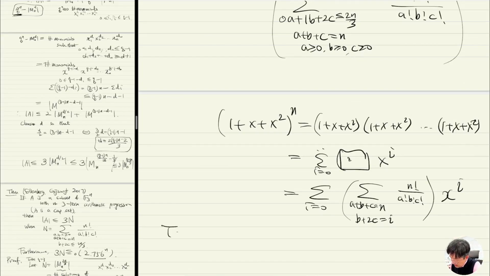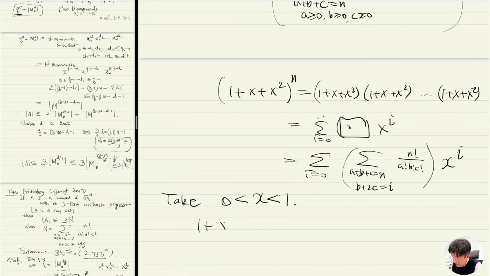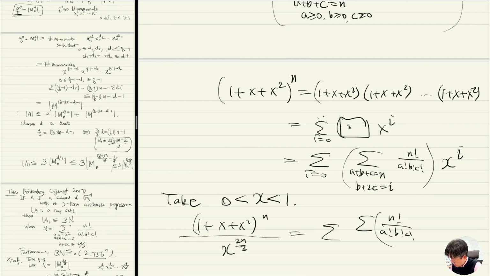So take x to be some value between 0 and 1, and then if we divide both sides by x to the 2n/3, what you get is this: b plus 2c is I, and a plus b plus c is n, and I is from 0 to something, and x to the I minus 2n/3.